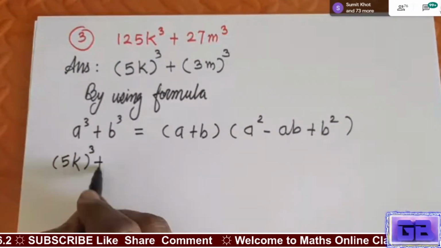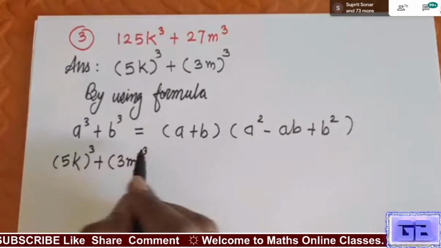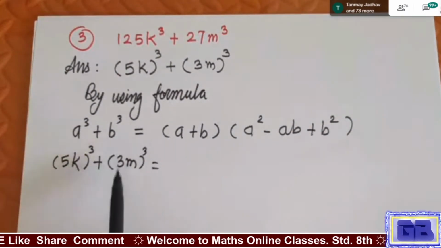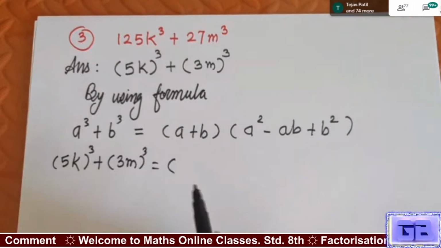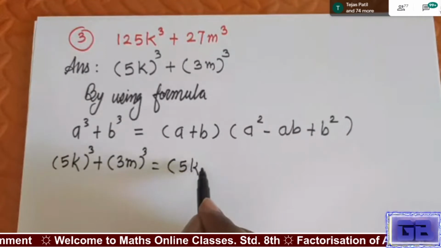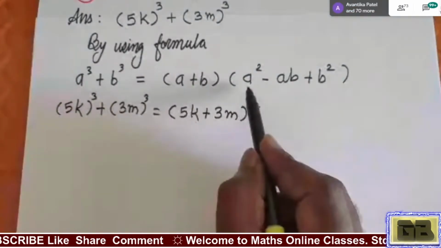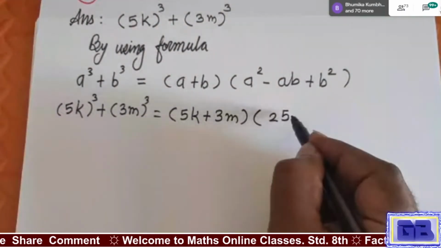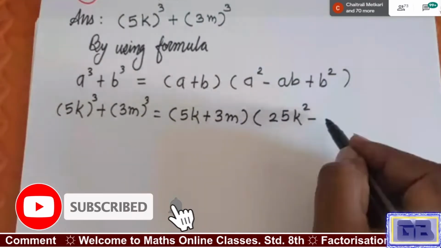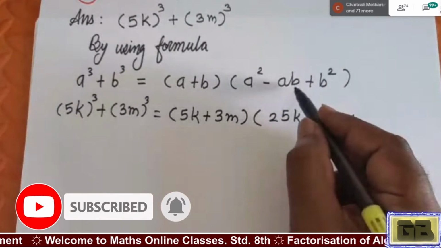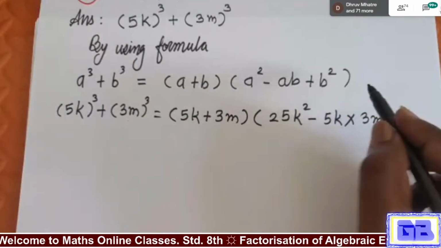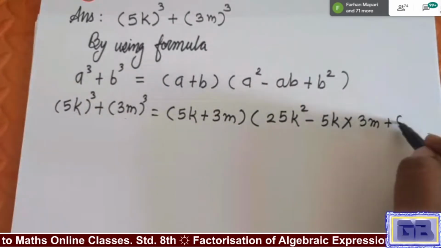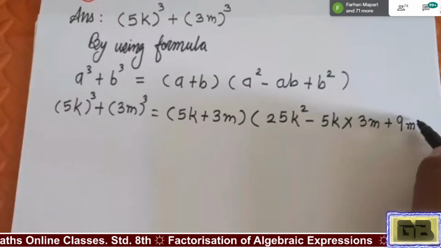5k bracket cube plus 3m bracket cube equals, here a equals 5k, b equals 3m, in the first bracket 5k plus 3m. Now here a square, we will take the square of 5, that is 25k square, minus a is again 5k into b is 3m, plus b square, it means the square of 3 is 9, the square of m is m square.